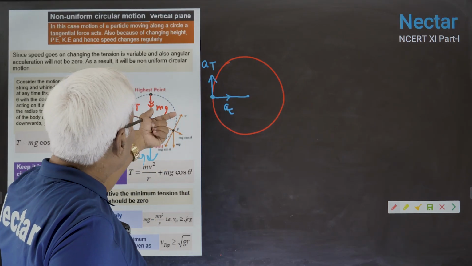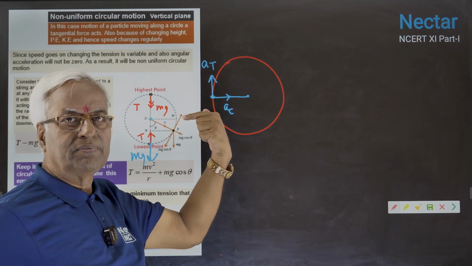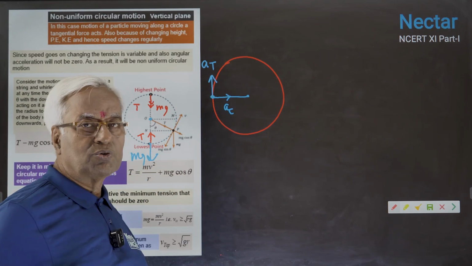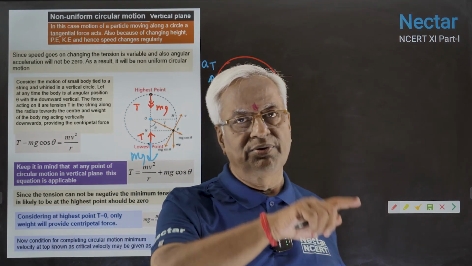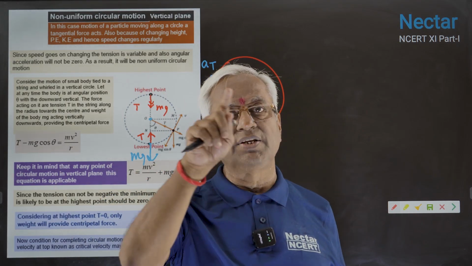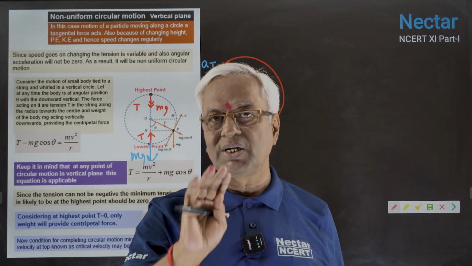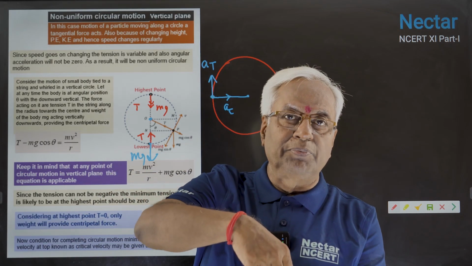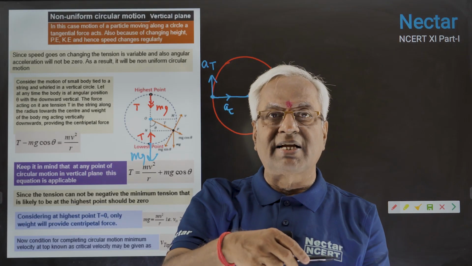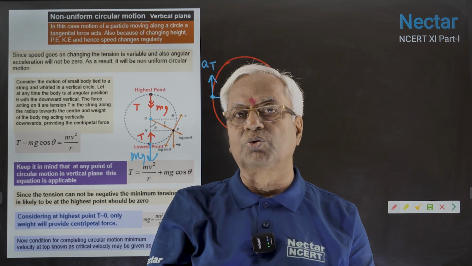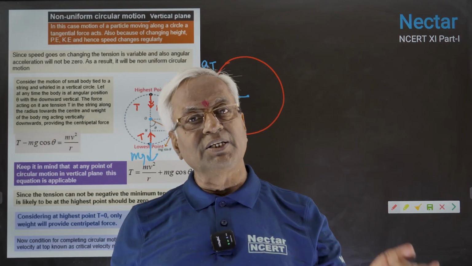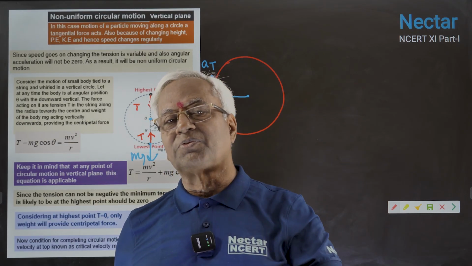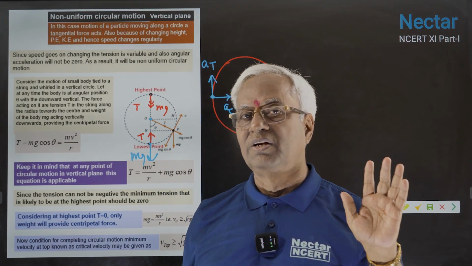We might consider different situations of the string. In this case, one must be careful that weight is not going to change any time, that will remain constant. But since the height will change, potential energy will change, kinetic energy will change, and so the speed. If the speed is changing, it becomes variable circular motion.